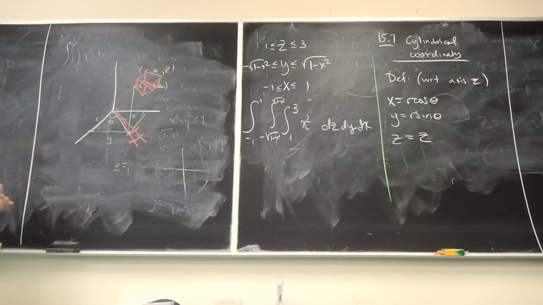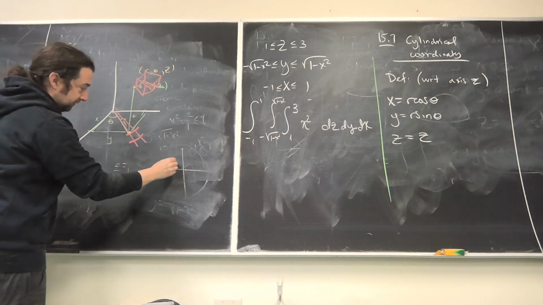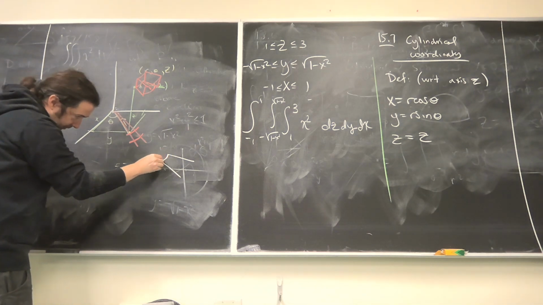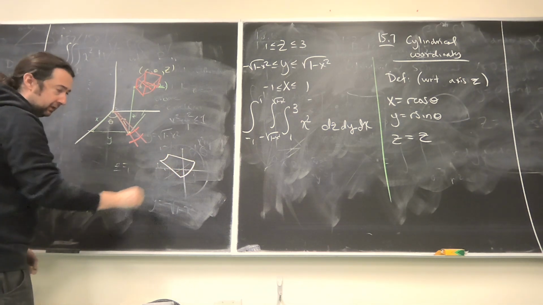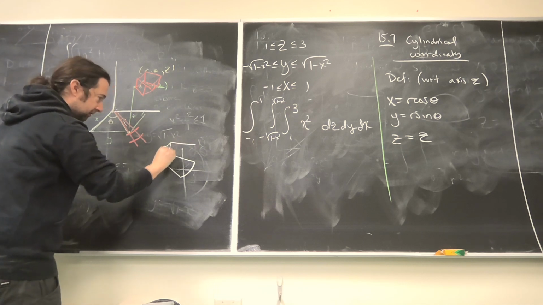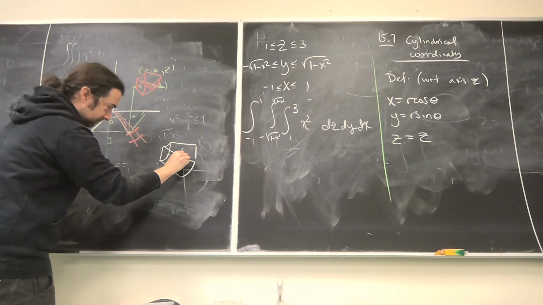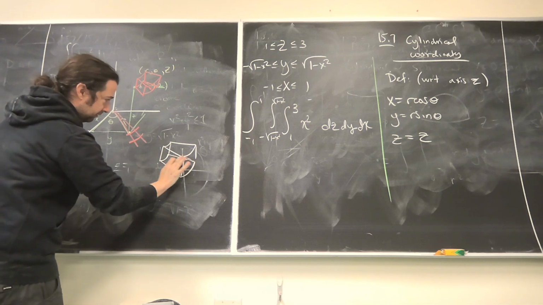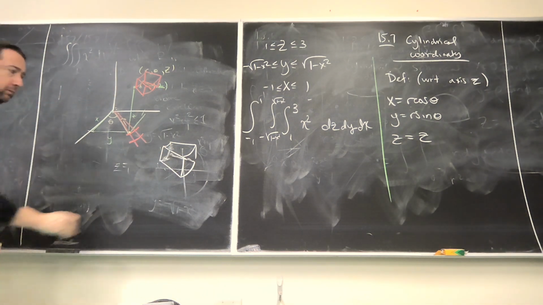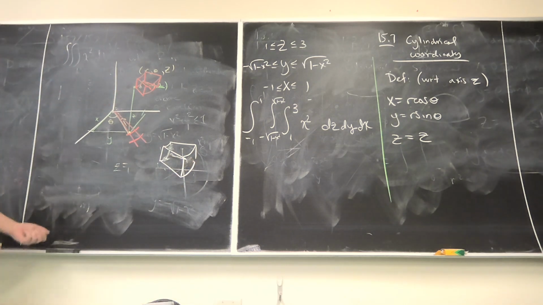If I draw this picture more exaggeratedly, you have something that looks like this, where this is curved and this is curved, and then the figure goes up and follows the same curve, comes out. Like a corn kernel almost, would be one way of thinking about it.